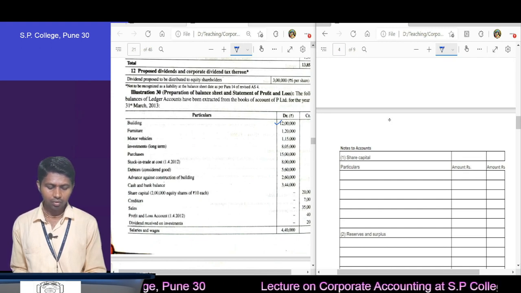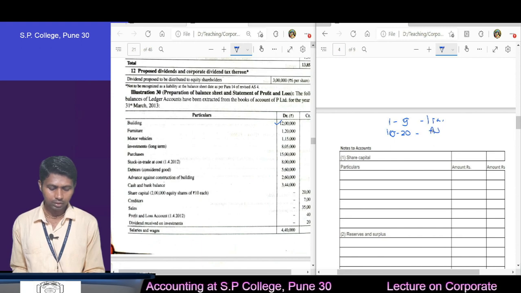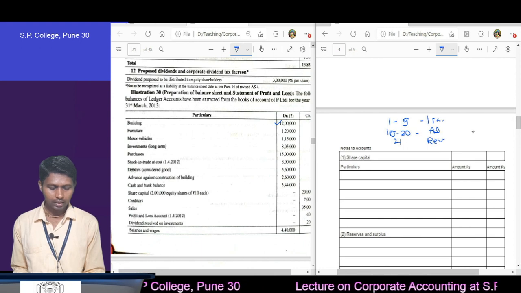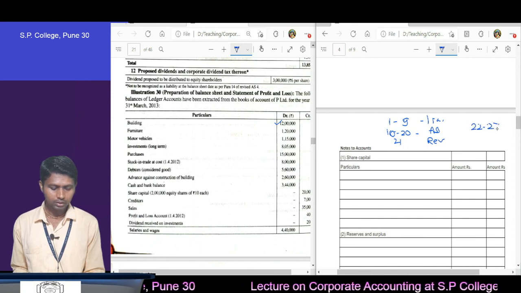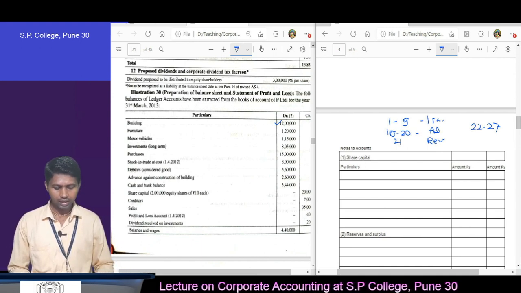We have notes 1 to 9 for liabilities. Then notes 10 to 20 for assets, then 21 for revenue, and then 22 to 27 for expenses.